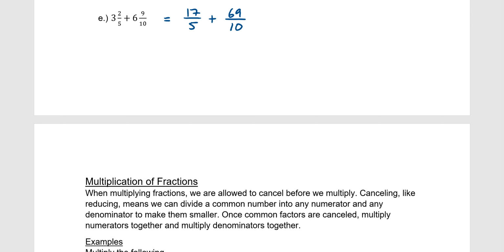And now we would have to get a common denominator. The least common denominator is going to be 10. So we're going to multiply that first fraction's numerator and denominator by 2. So we're going to get 34 over 10 plus 69 over 10.